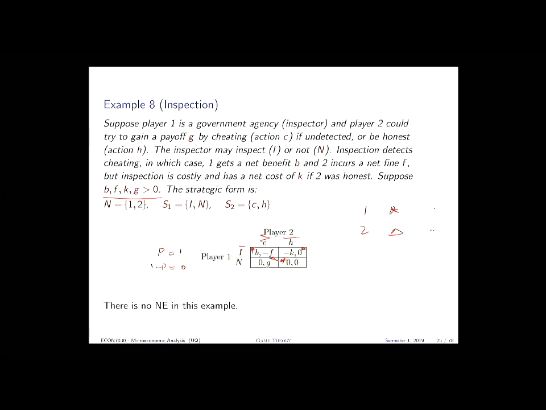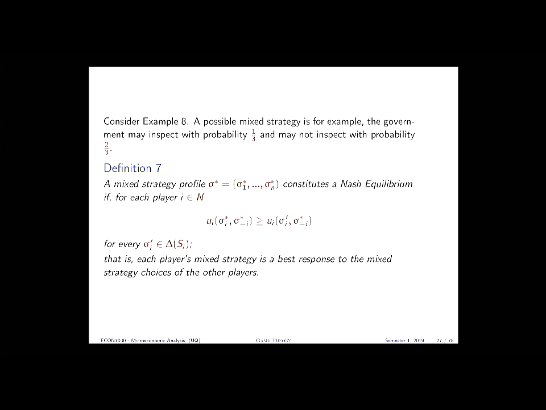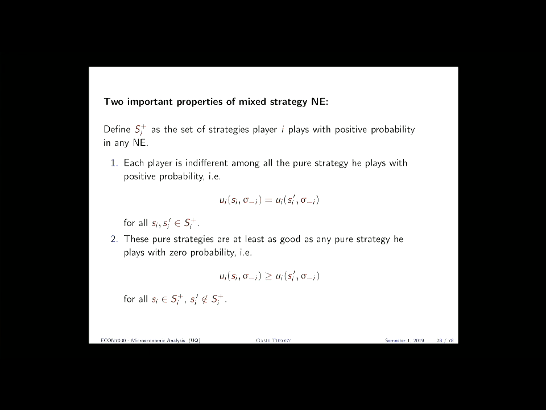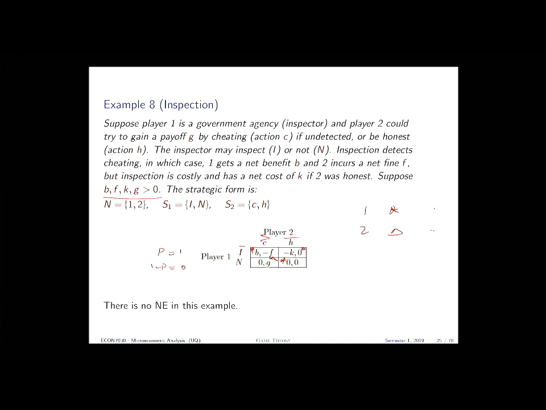So, now look at example 8. Consider a mixed strategy where the government plays inspect with 1/3 probability, in a third of times, and with 2/3 does not inspect. So that would be one example. And then player 2, for instance, cheats in 1/4 of cases and is honest in 3/4 of the cases.